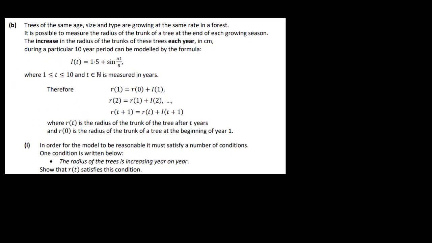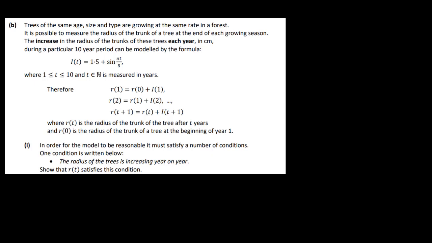So in part B here we have trees of the same age, size and type are growing at the same rate in a forest. It is possible to measure the radius of the trunk of a tree at the end of each growing season. The increase in the radius of the trunks of these trees each year in centimeters during a particular 10-year period can be modeled by the formula I of t is equal to 1.5 plus sine pi t over 5.